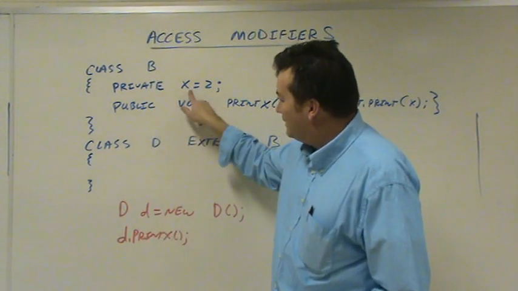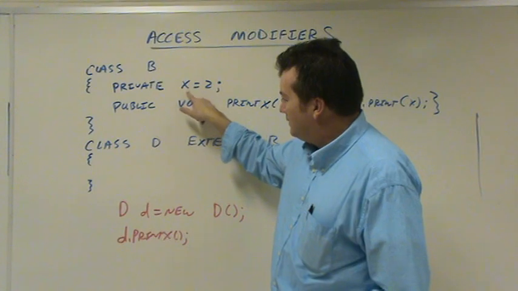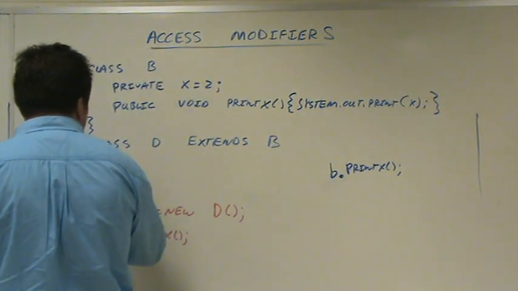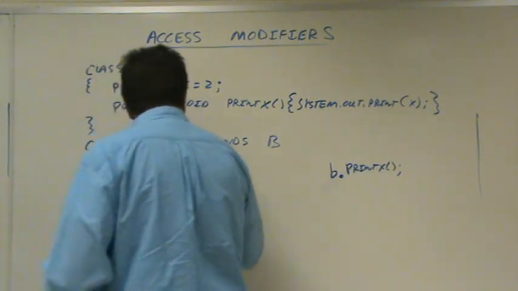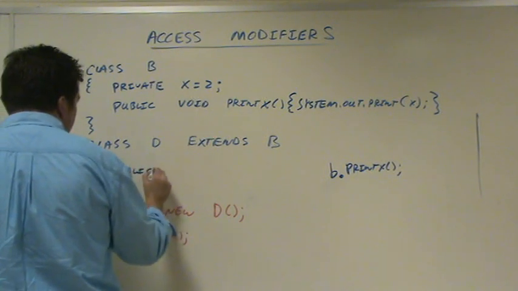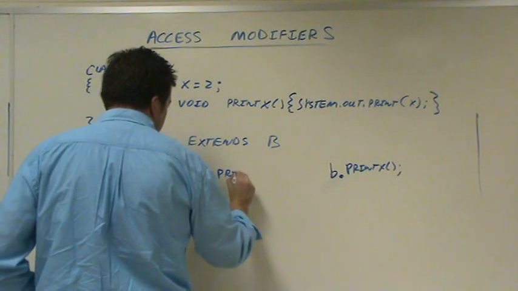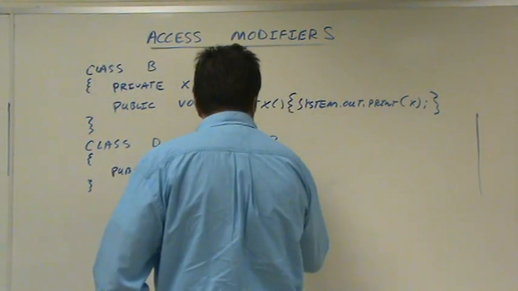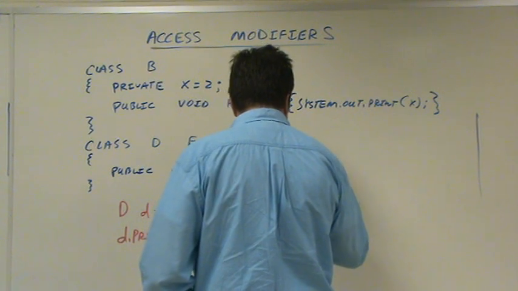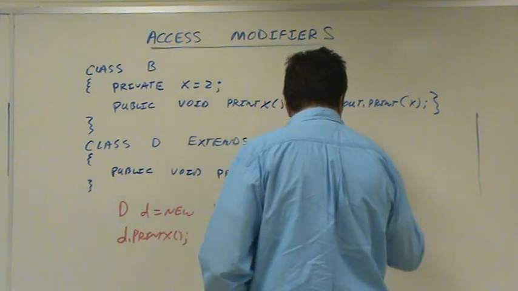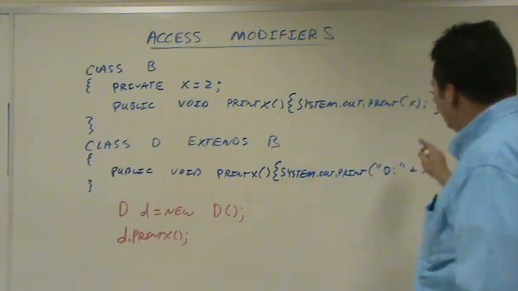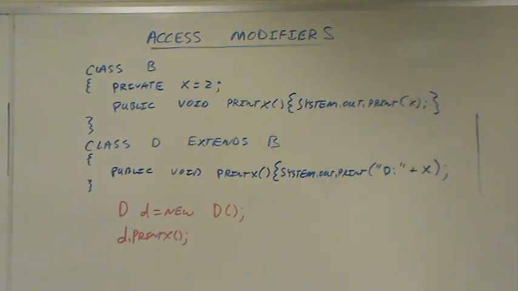The D object has an X field that is set to 2, but even inside of D, suppose we overrode this method and said public void print X, and it said system out print D's version of X. Right, instead of just printing X, I want to print D colon X, to make it somewhat different.